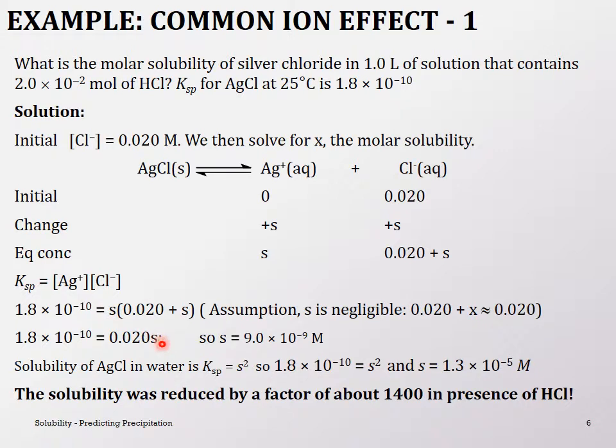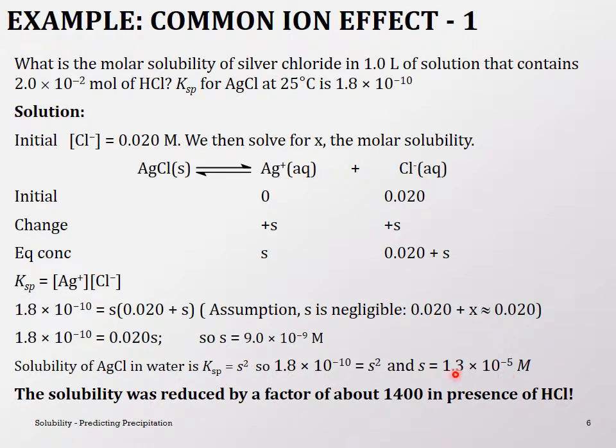Once that happens, you can calculate for S, and S is 9.0 times 10 to the negative 9. Now for the solubility of silver chloride in water, Ksp is S squared, which is 1.8 times 10 to the negative 10, which means that S is equal to 1.3 times 10 to the negative 5 molar.